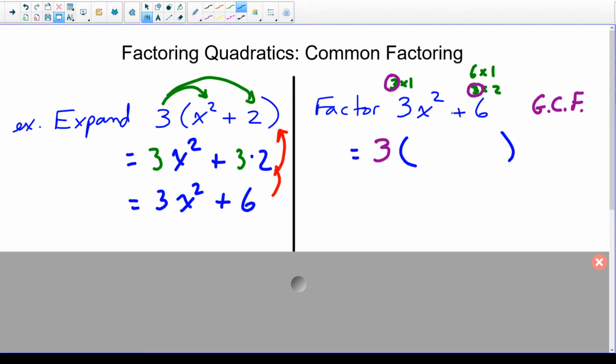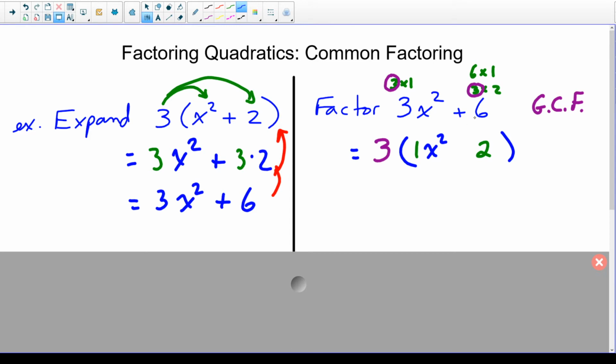Now what's left over? You didn't circle the 1, so there's a 1, and there's also the x squared that we didn't touch. So there's a 1x squared left over inside the bracket. And what's left over from this term? Well, we didn't circle the 2, which is connected to the 3 that was the common factor, so there's a 2 left over here as well.